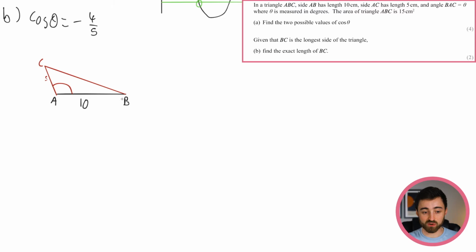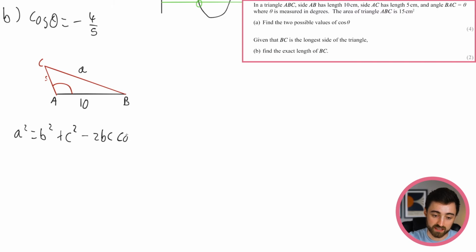We actually have quite a lot of information here. We don't have theta, but we have the value of cos theta. So if I do the cosine rule, what am I going to get? Well, this is A. So I get a squared equals b squared plus c squared minus 2bc cos A. This A is theta in this case, so shove it all in.